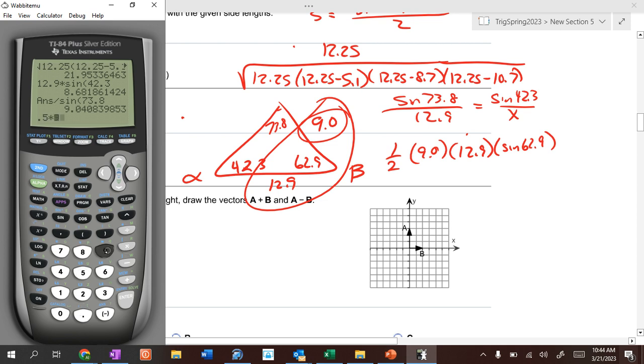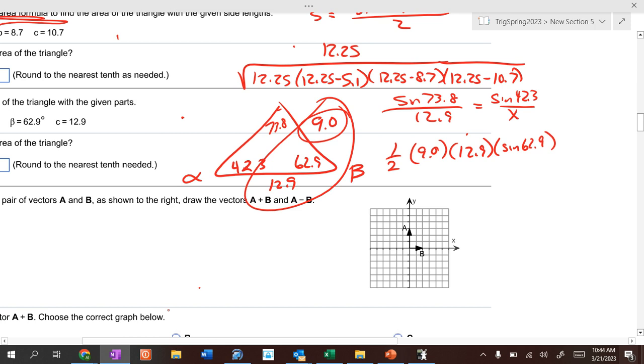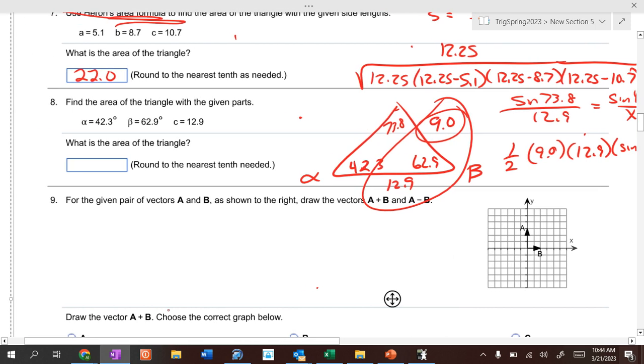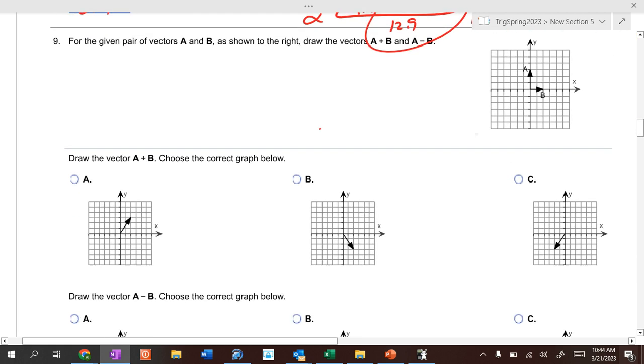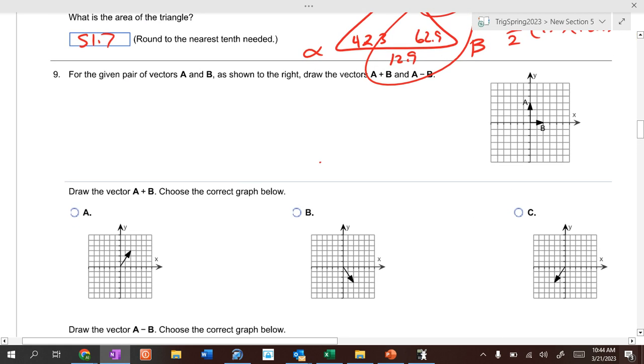One half times 9 times 12.9 times the sine of 62.9. Okay, and it's 51.67. So 51.7. Okay, now these will go a little quicker.